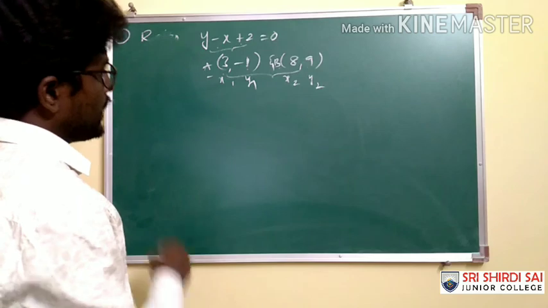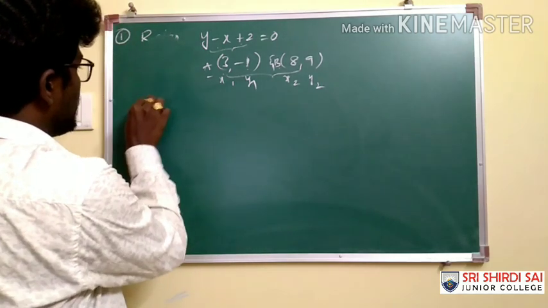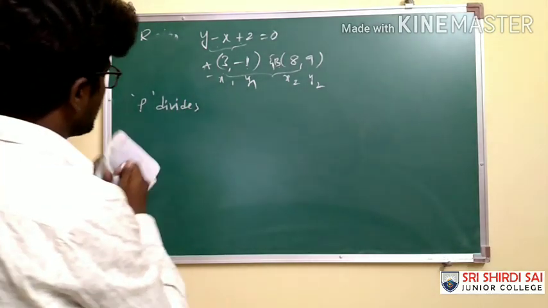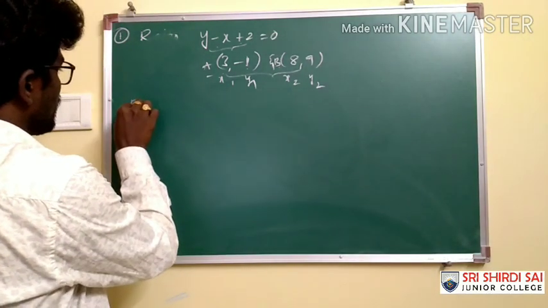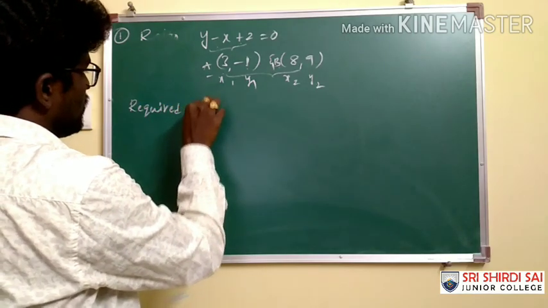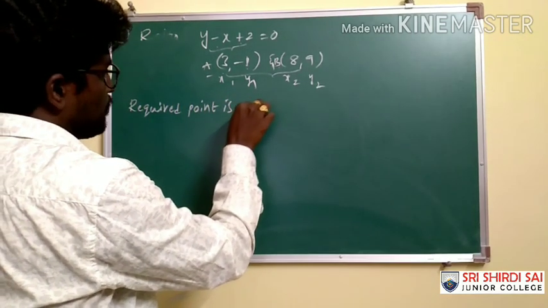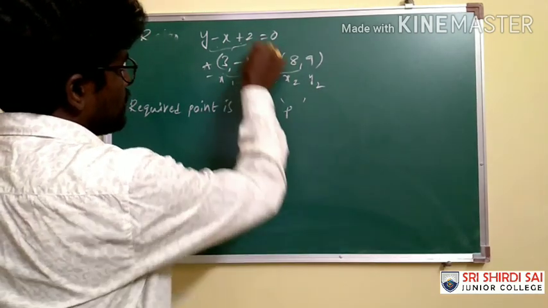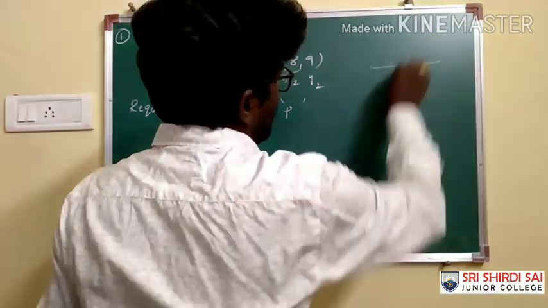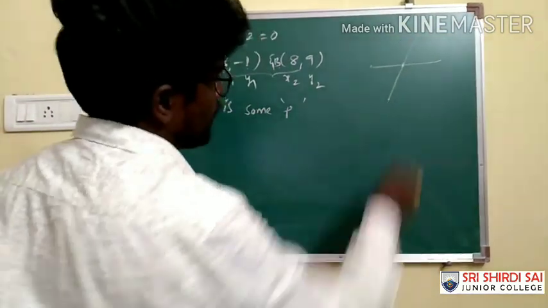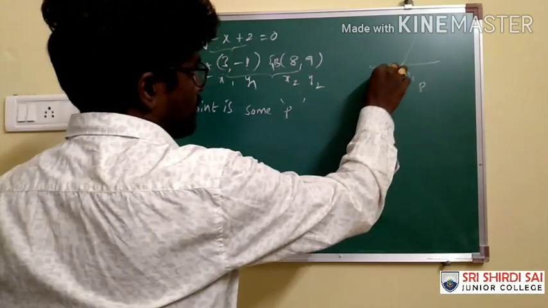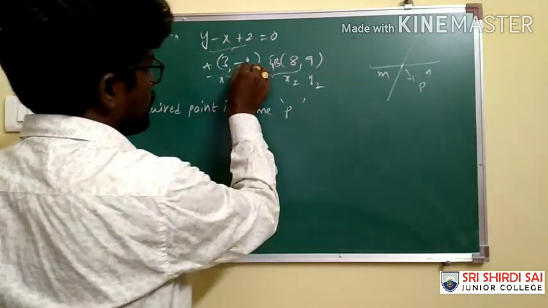Then let's say P is the required point, the point at which this line divides the line segment connecting A and B. I am talking about this particular point. In what ratio? M is to n ratio. This is x1 y1 x2 y2.